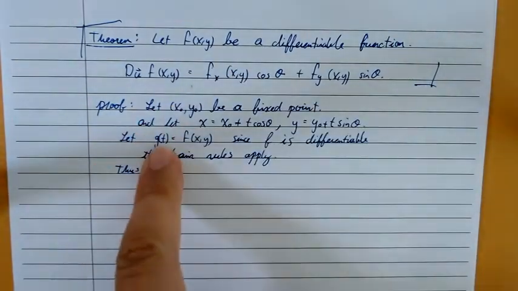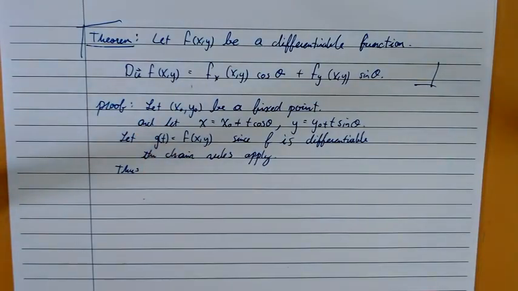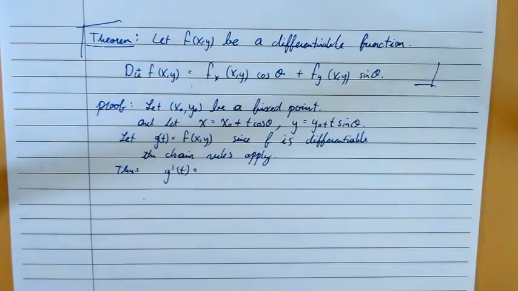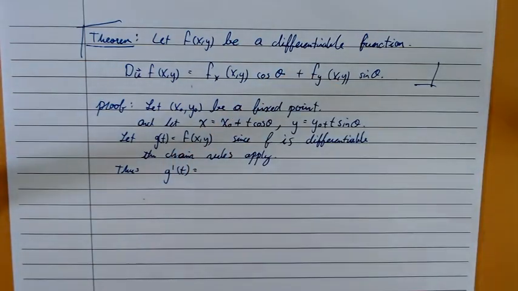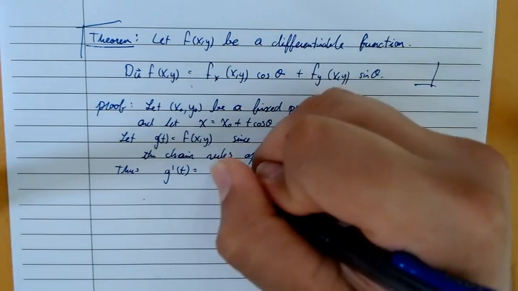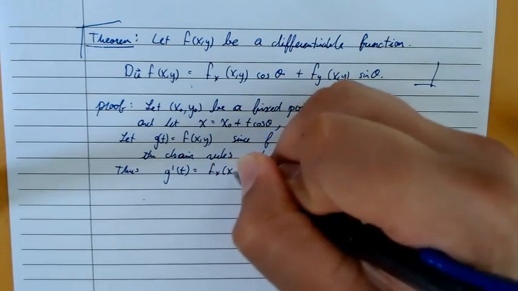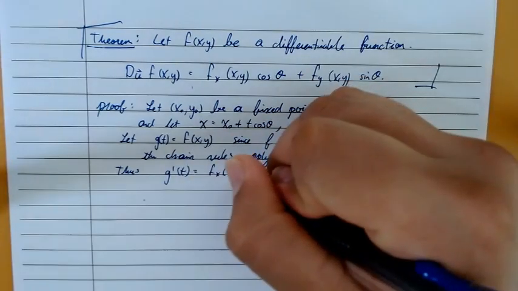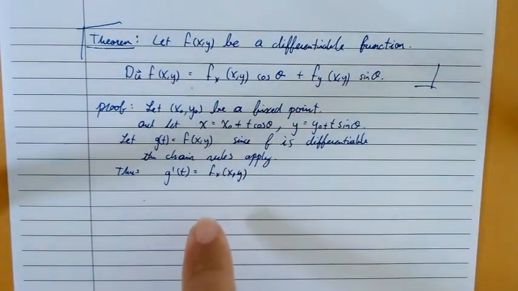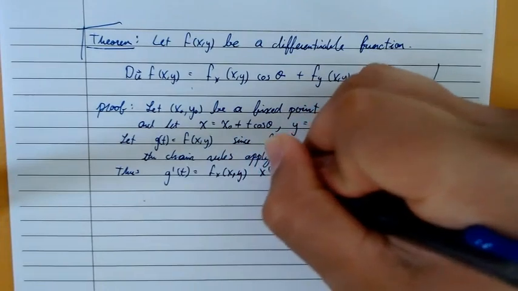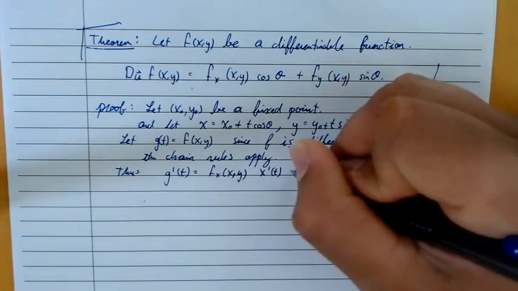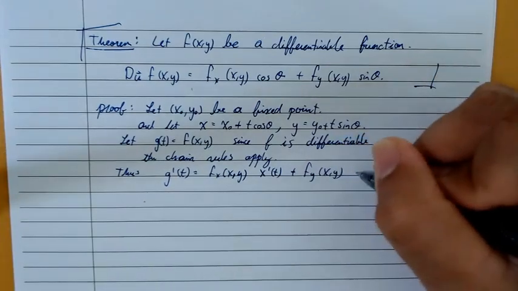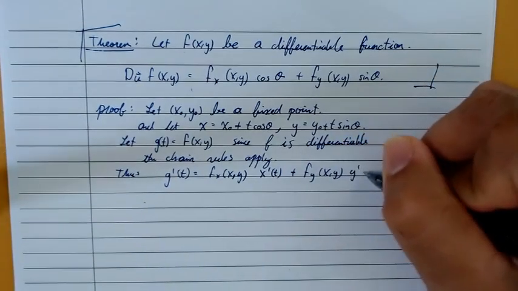Thus, we can apply the chain rule to this, and this will give us g prime at t is equal to f sub x at x comma y times x prime at t, plus f sub y at x comma y times y prime at t.